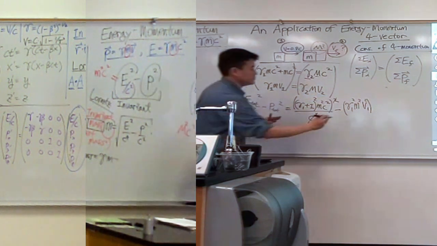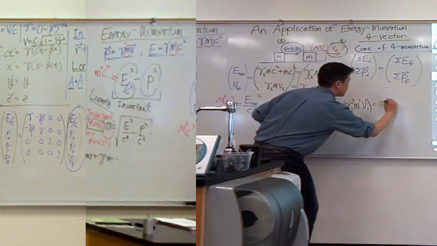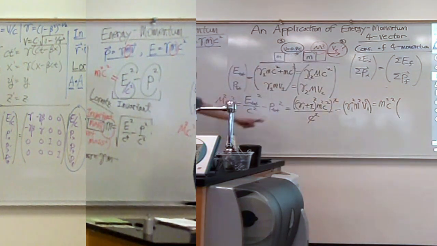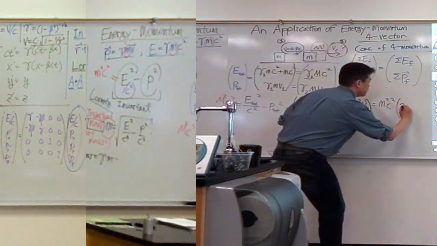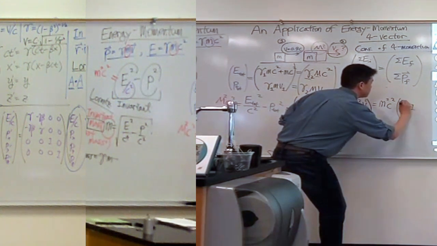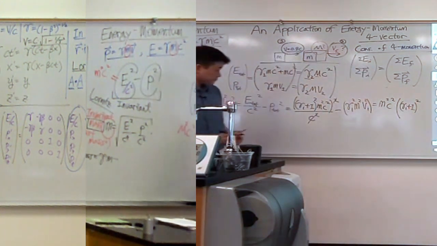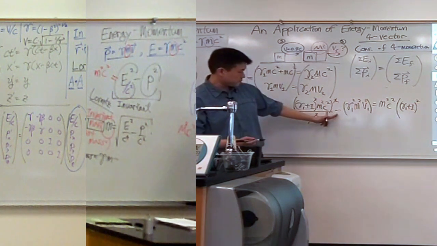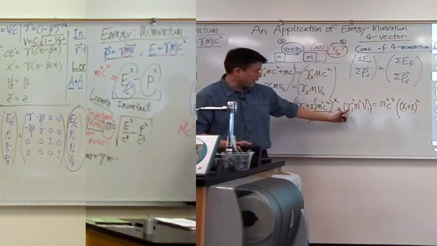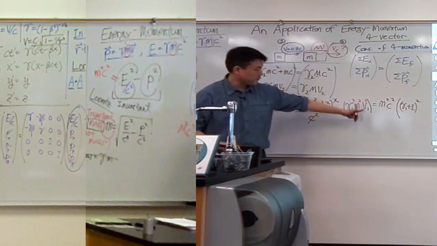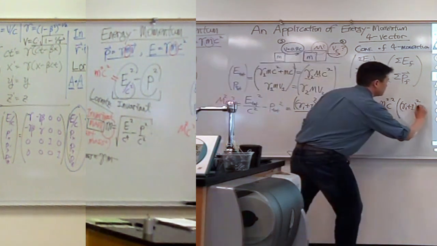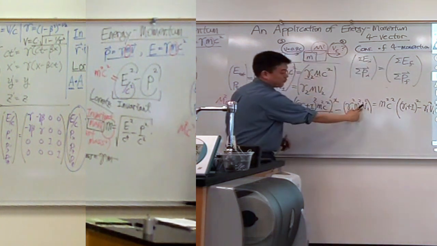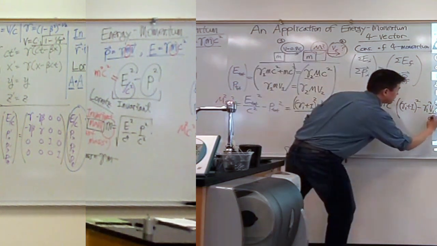So I get m squared c squared times the rest of the stuff: gamma 1 plus 1 squared, minus gamma 1 squared, v1 squared, and because I'm factoring out c squared that's not there, divided by c squared.